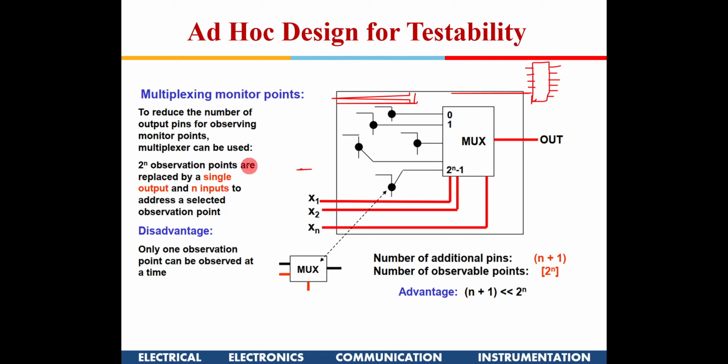So obviously it significantly brings down the number of pins required. The disadvantage is that only one output can be seen at a time. Otherwise, if each output is brought out separately, then you can see multiple outputs at one go. Here only one output can go.